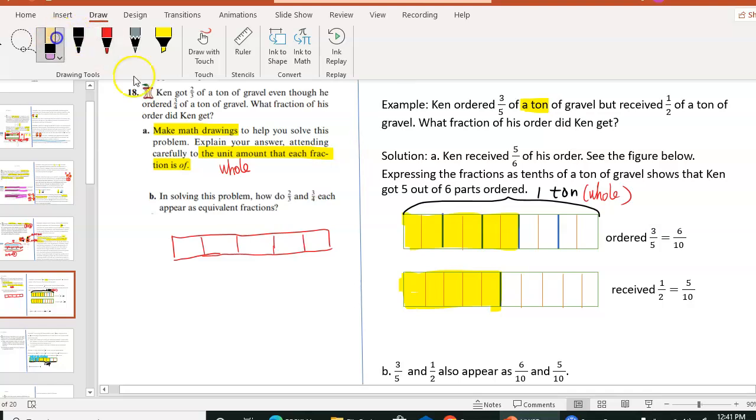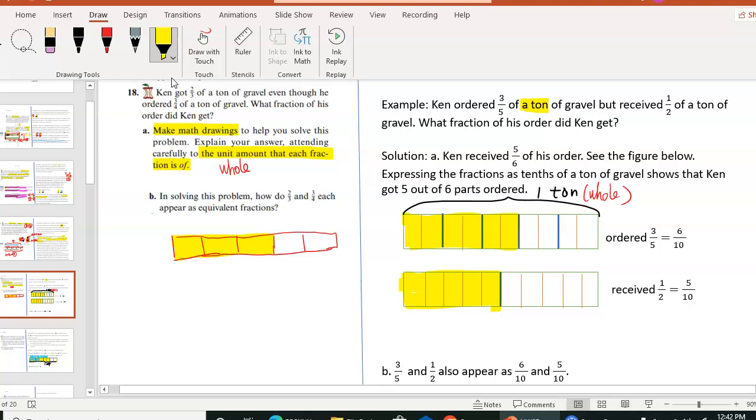And that one is a little bit short, so I'm going to extend it. Use a ruler to help you. When you have 5 equal parts, shade 3 parts because we have 3 out of 5. That's what Ken ordered, so the yellow part is the ordered amount.